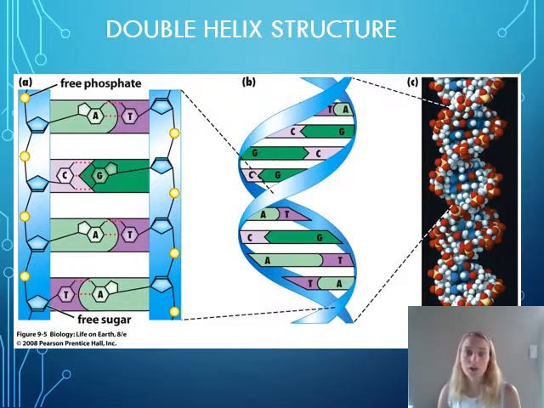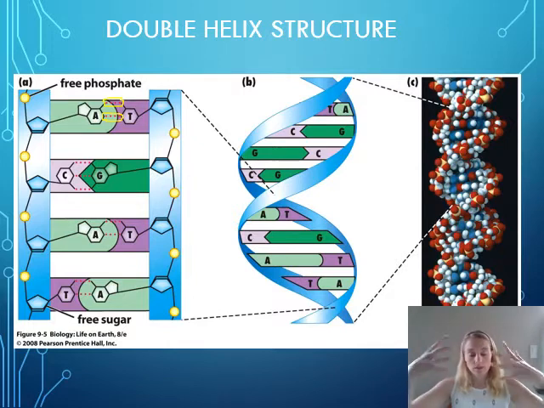And another reason why these guys pair up is because of the bond that holds them together. So there's hydrogen bonds associated with the A's and the T's and the C's and the G's. If you'll notice, that's these little guys right here, illustrated as little red dots. So between thymine and adenine, there's two regions where you have the partial positive and partial negative, and that's giving you the two hydrogen bonds.